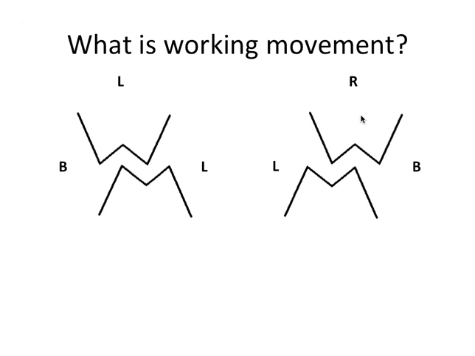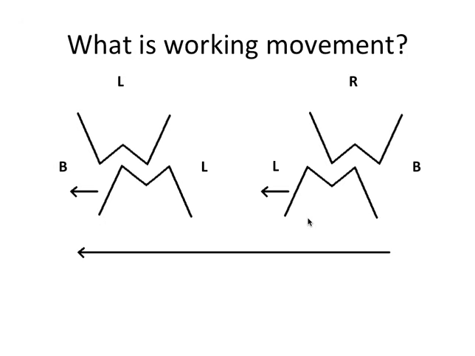So in this case, the left side of your mouth is doing the work, while the right side is just kind of hanging out. When the mandible moves to the left, everything on the left is experiencing working movement, while everything on the right is experiencing non-working or balancing movement.